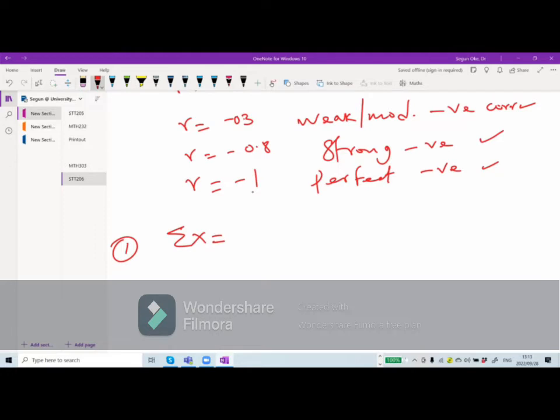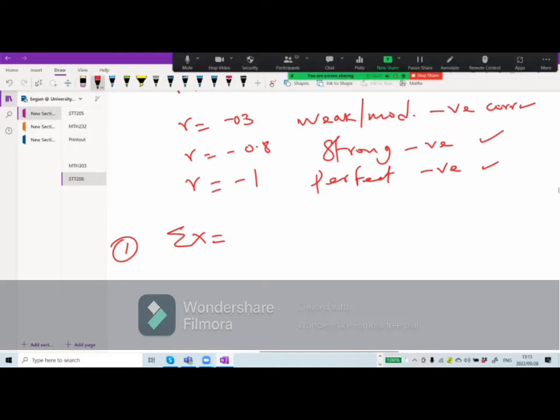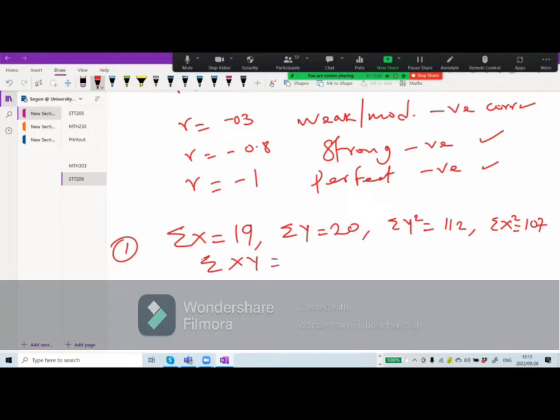The first example. 19. Thank you. Summation Y, 20. Summation Y squared, 112. Summation X squared, 107. Summation XY, 107. Okay.